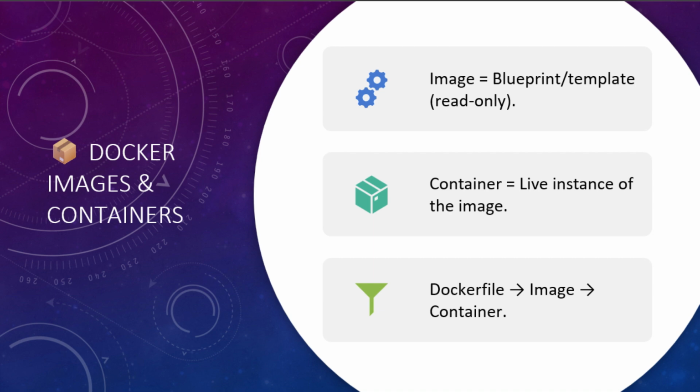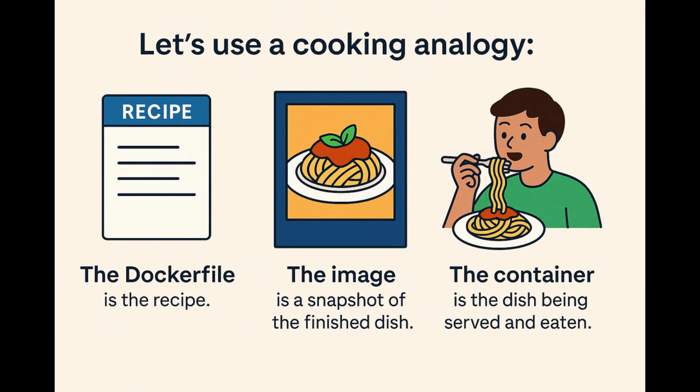It's the live version actively executing your app. Let's use a cooking analogy. The Dockerfile is the recipe. The image is the snapshot of the finished dish. The container is the dish being served and eaten, live and in action.